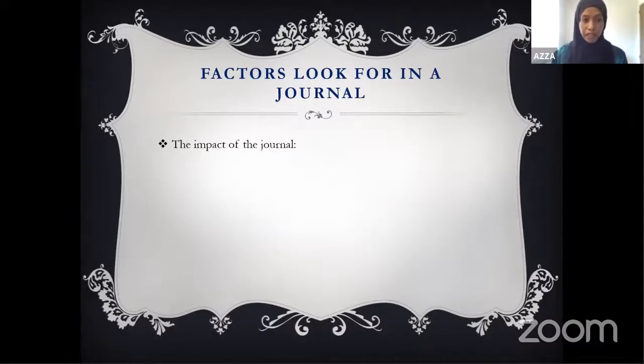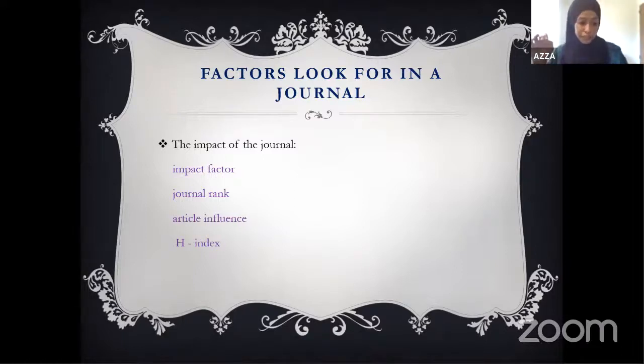So what factors are we looking for in a journal? The first thing to look at is the impact of the journal. How do you know the impact? There are certain things to look for: the impact factor, the journal rank, the article influence, and the H index. The impact factor measures the frequency with which the average article in that journal has been cited in a particular year.